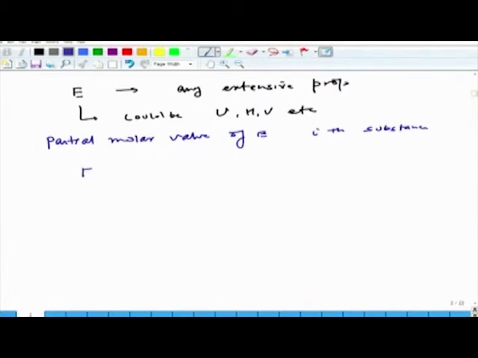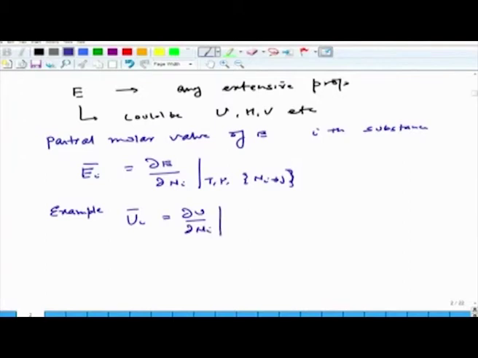The definition is the partial derivative of E with respect to Ni, keeping temperature, pressure and the amounts of all other components fixed, that is, Nj with j not equal to i. An example is Ui, which is del U by del Ni at constant T, P and Nj, with j not equal to i.